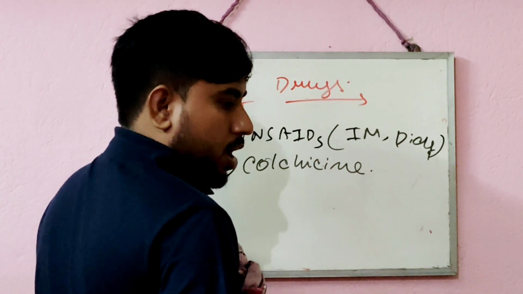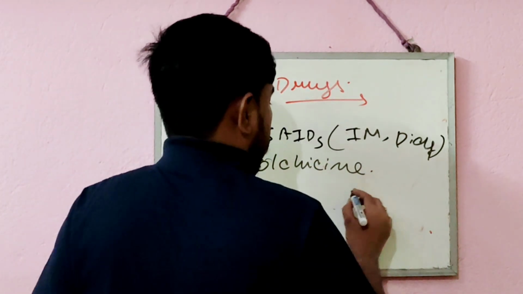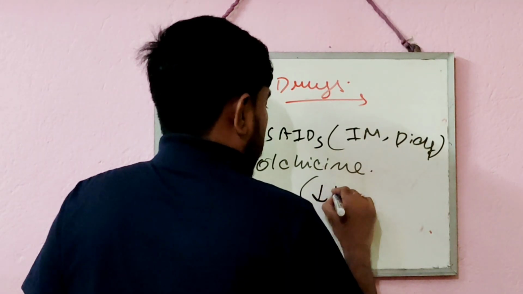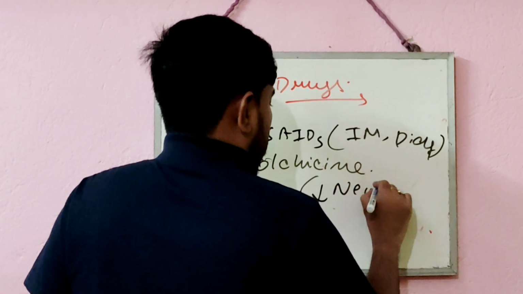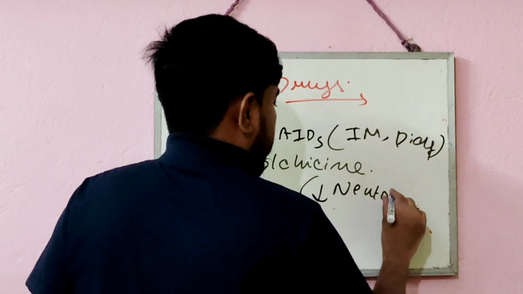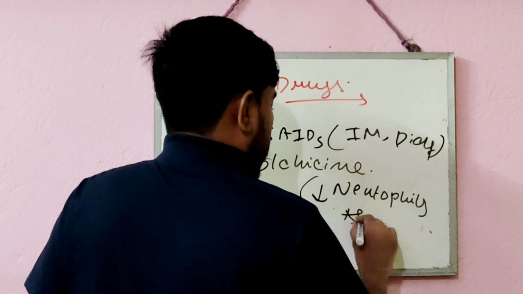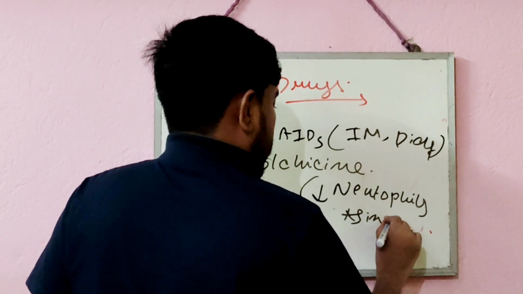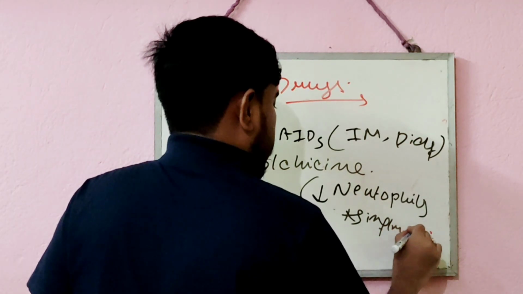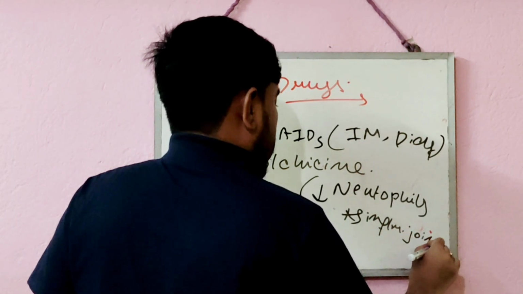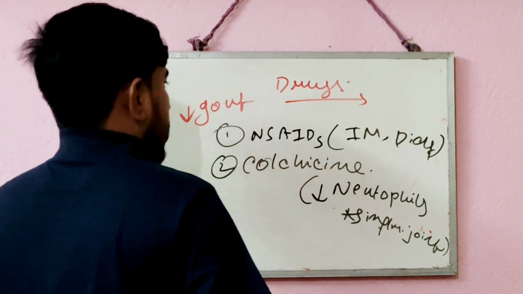as an anti-GOUT drug. How does it show its action? By inhibiting the shift of neutrophils to the inflamed joints. So colchicine is also used to treat GOUT.